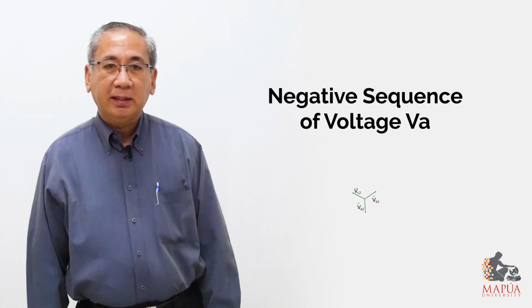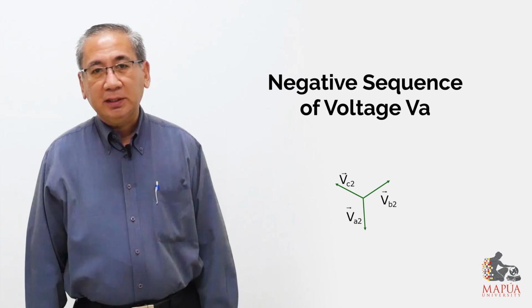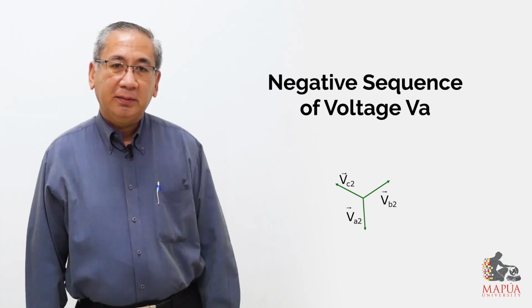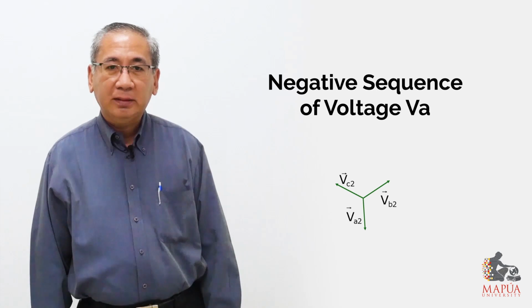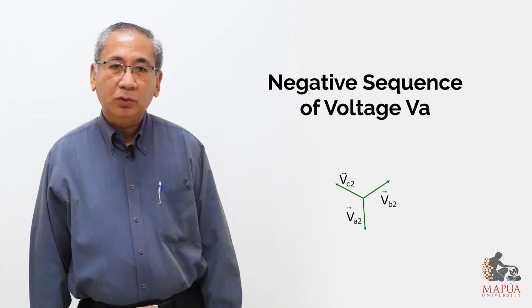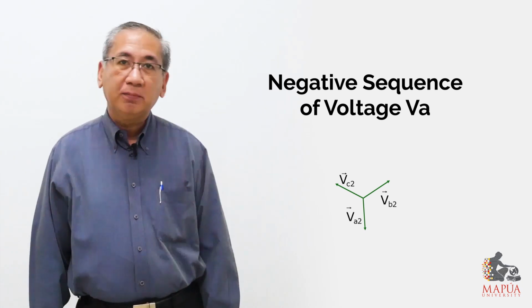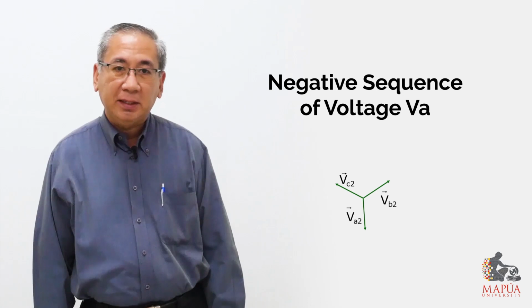Whereas for the negative sequence network of these phase voltages, they are equal in magnitude and, of course, 120 degrees apart. VB2 is leading VA2 and VA2 is leading VC2. So these are the negative sequence voltages of VA.